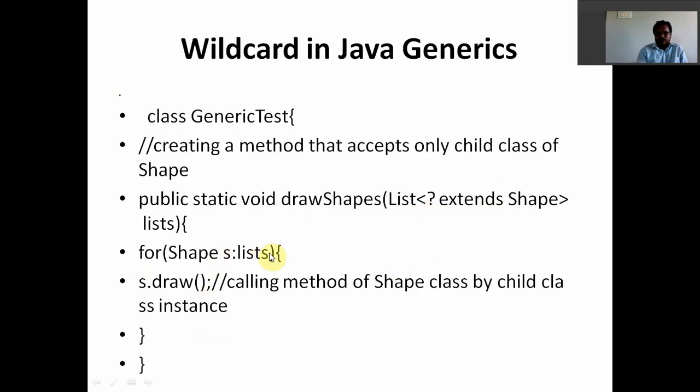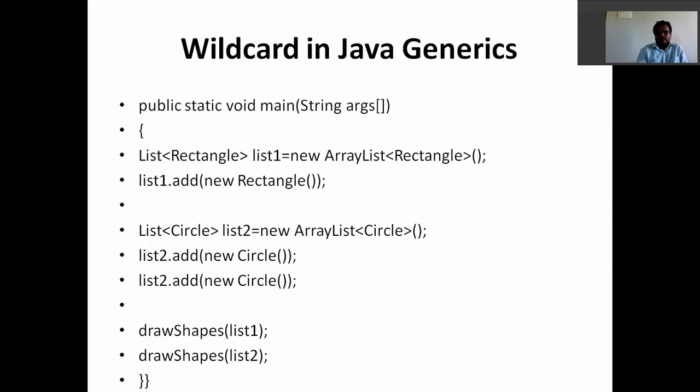Therefore, the for-each statement calls the method of the Shape class by child class instances. In the main method, first of all, we have two types of child classes: Rectangle and Circle. First we create a Rectangle child class generic object, that is list1. List1 is a Rectangle type object.